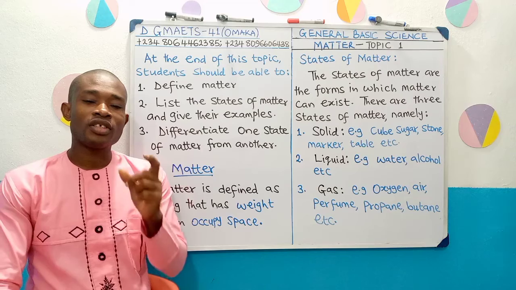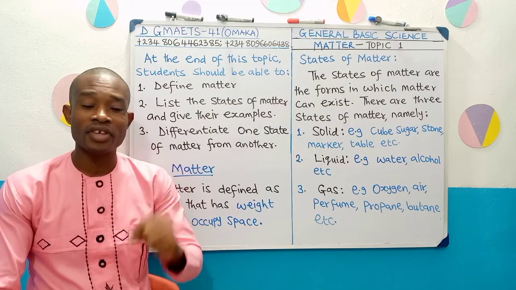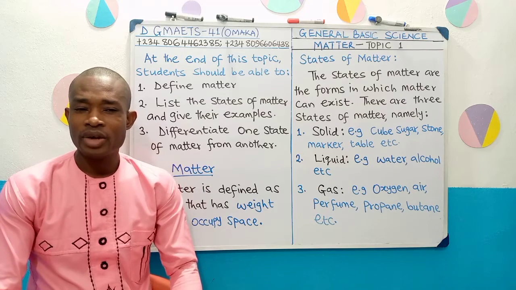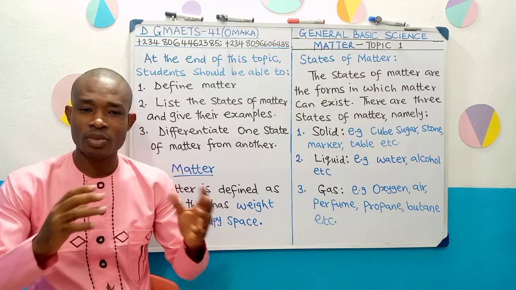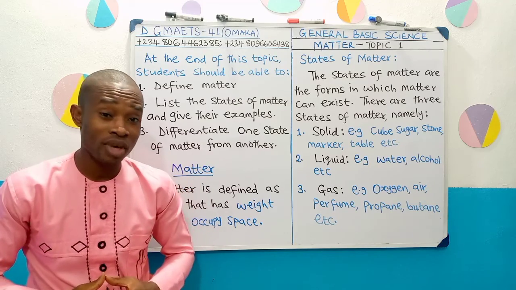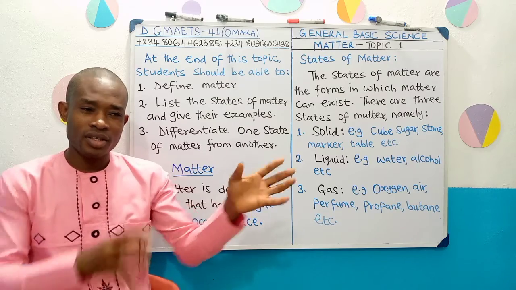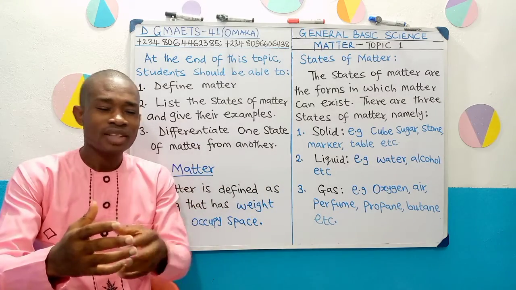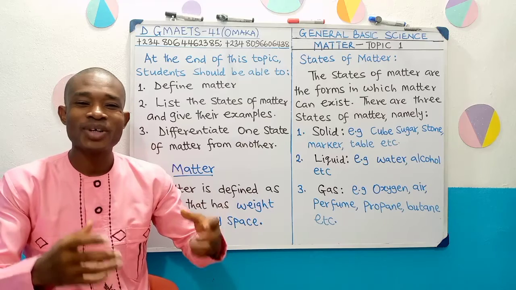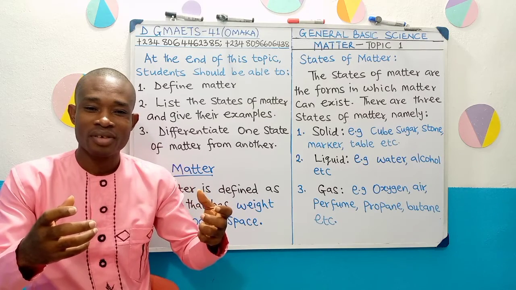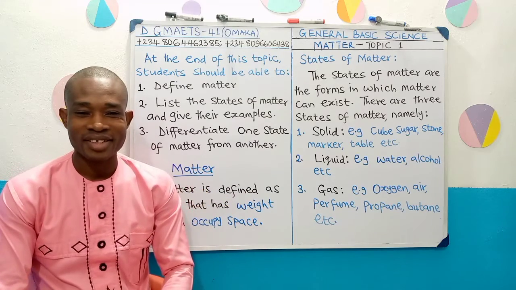Now that we've learned the states of matter and their examples, we are now going to see the differences between these three forms in which matter can exist. Because of course a solid is different from gas, different from liquid. So what are their properties? We're going to talk about that next.